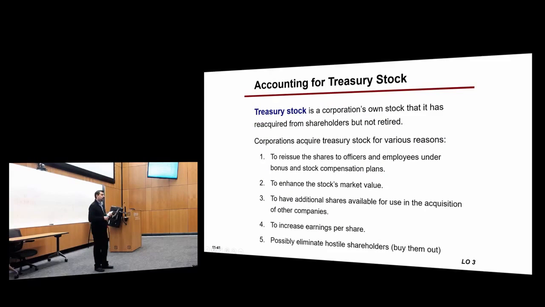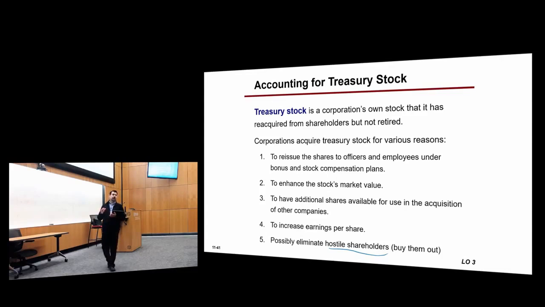So, the treasury stock, like we said, why do companies do that? They acquire treasury stocks to, for example, sometimes eliminate hostile shareholders. Like they buy them out, they get rid of them. If someone is making a lot of noise inside the company, they might just want to get rid of them.